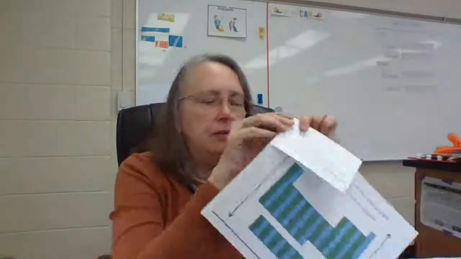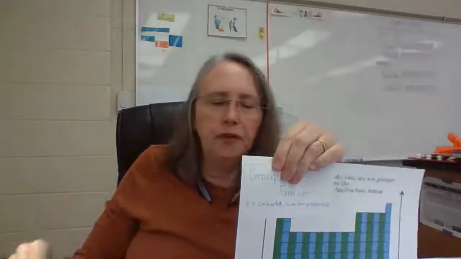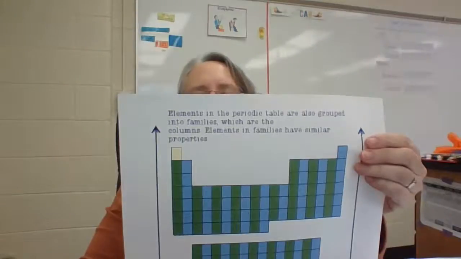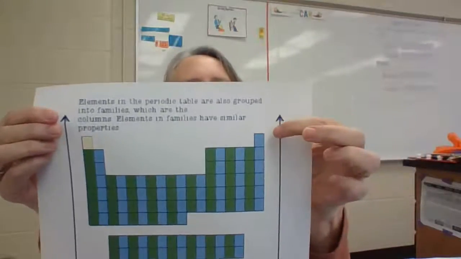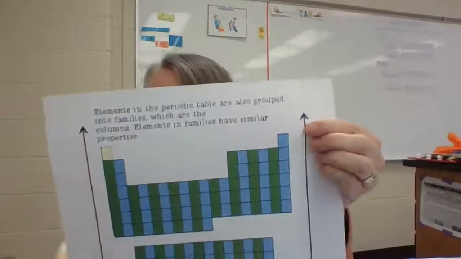Okay, so we've done a little bit about atom structure, and the atom structure is going to take a big front seat in element families. So everything in this family, they go in rows.